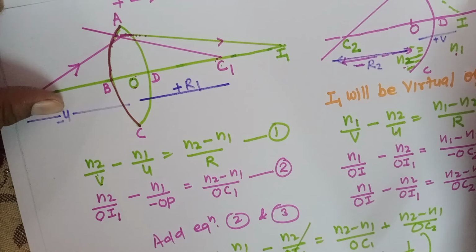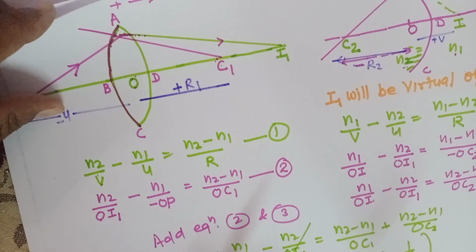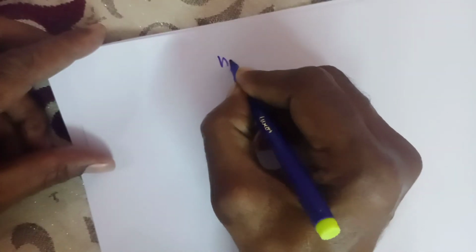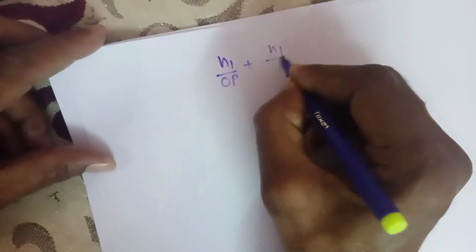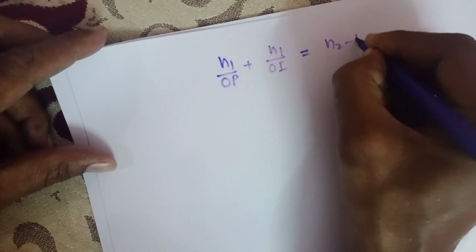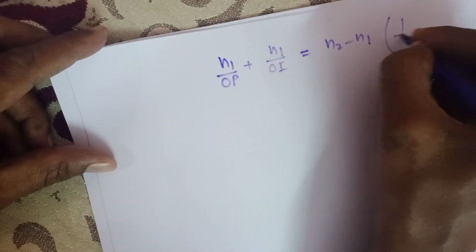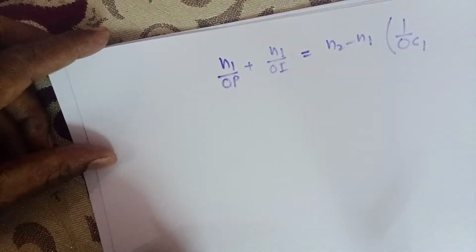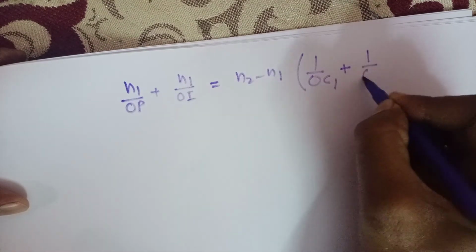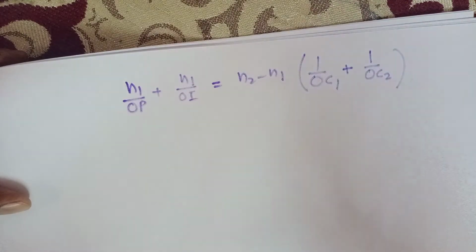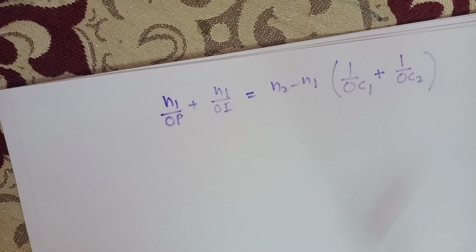So now one by one we'll put the values. First of all, we'll write this equation. What is the equation? N1 by OP plus N1 by OI equals N2 minus N1 times 1 upon OC1 plus 1 upon OC2. What is OP?